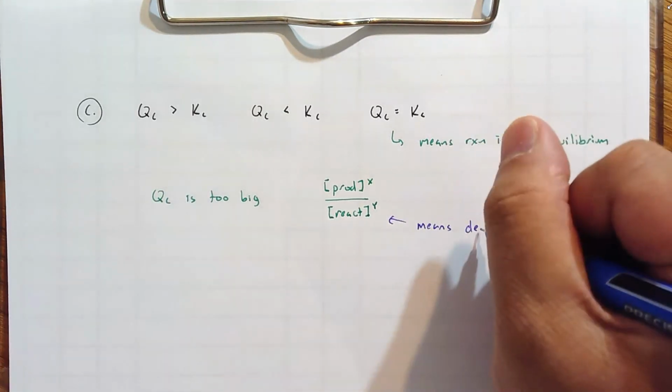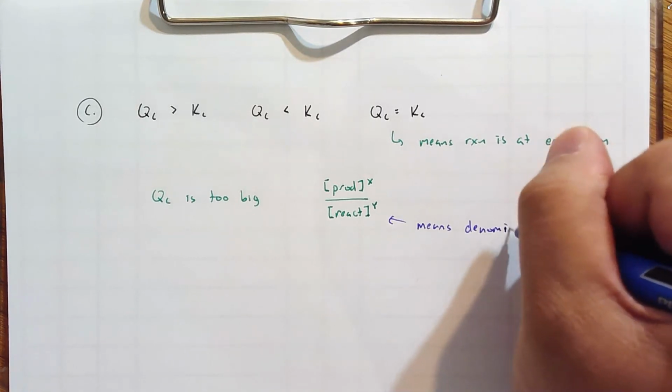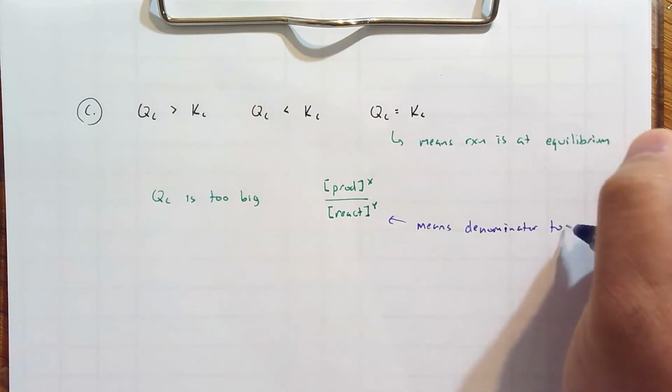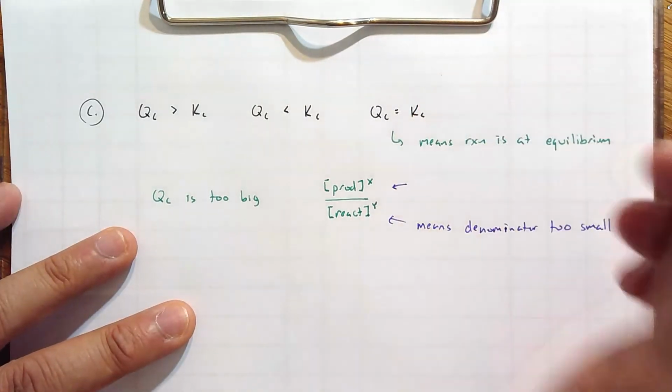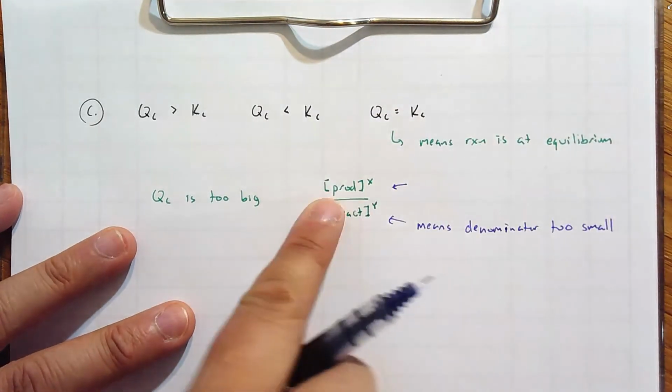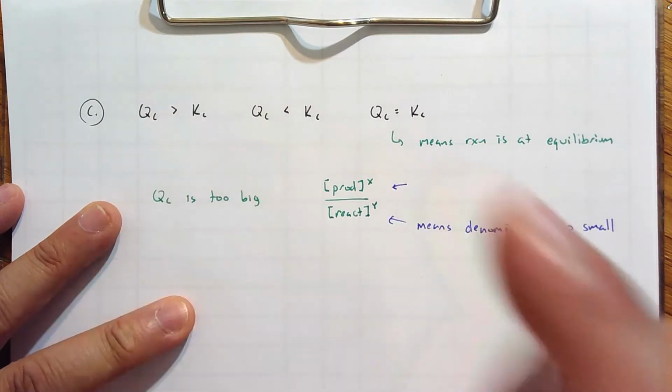The reactants are too small. Or you could think of it as the numerator is too big. A very big numerator will give you a Qc that is larger than Kc.